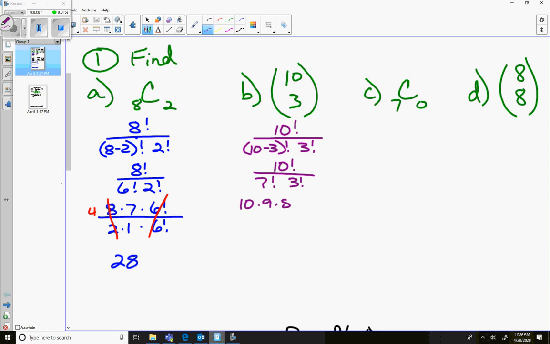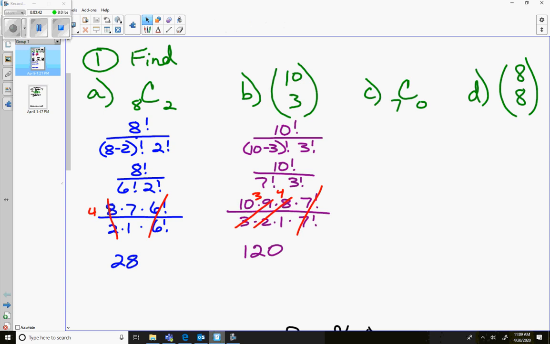So 10 times 9 times 8 times 7 factorial, divided by 7 factorial, but also 3 times 2 times 1. And again, just cleaning up this math. Those cancel. Those cancel, leaving a 3. Those cancel, leaving a 4. So I've got 3 times 4 is 12, times 10. So 120. Again, just making sure you can do the math.